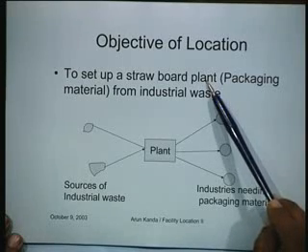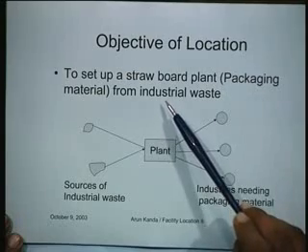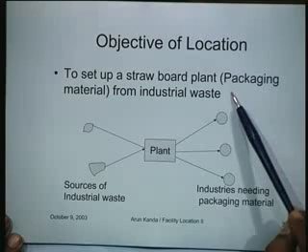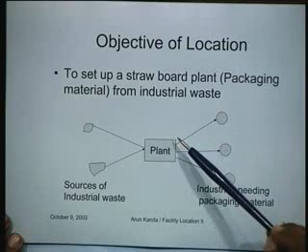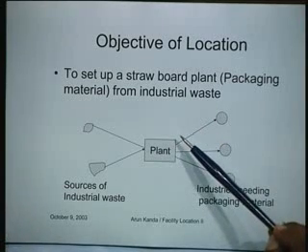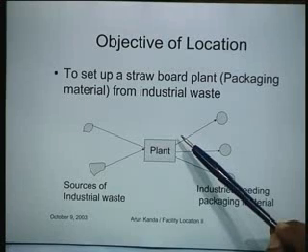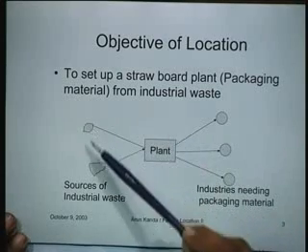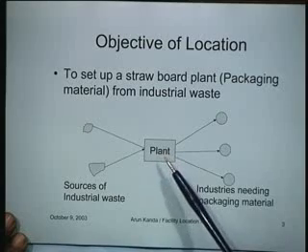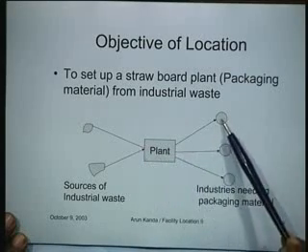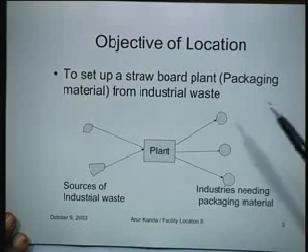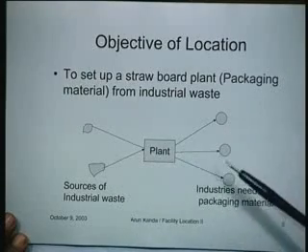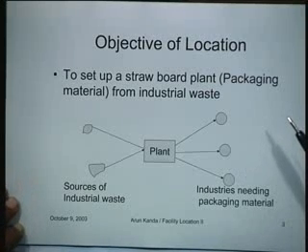Straw board, as you know, is packaging material which is made from industrial waste, and basically the idea was that this would be set up in an industrial setting so that there would be availability of industrial waste automatically, and that industrial waste would serve as an input for the plant, and this would then be processed to supply various industries needing packaging material in the form of cartons and so on. So this was the basic idea behind the location of this particular plant.